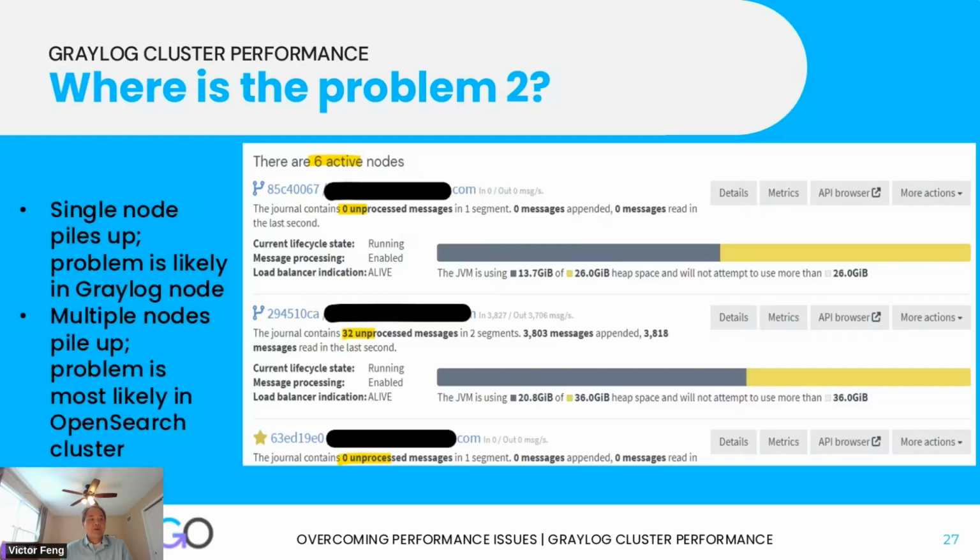If you have pile-up on multiple nodes, the problem is most likely in the OpenSearch cluster. We have 6 nodes, and if you see 2 or 3 or 4 nodes all pile up, most likely the problem is the OpenSearch cluster.